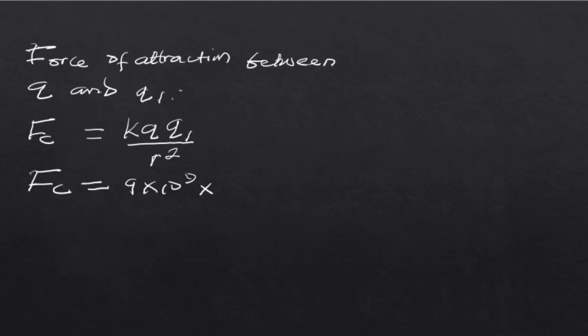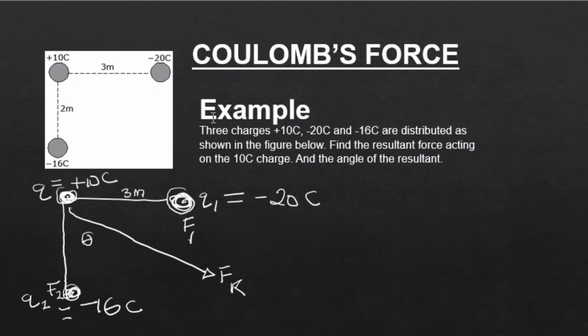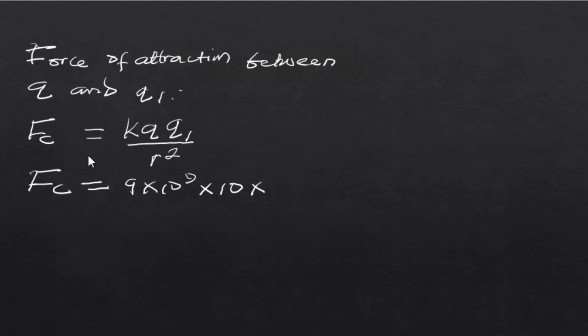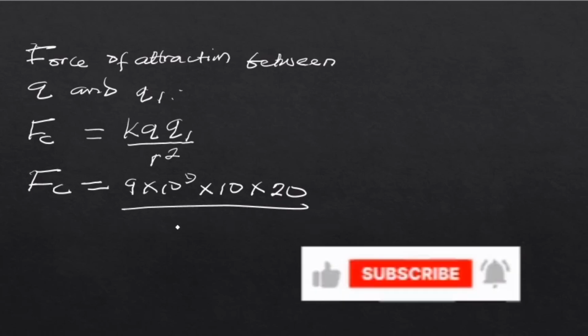So we have 10 multiplied by minus 20. You don't need to include the minus because the sign is only giving us the nature of the charge we are working with. So we have 20 here, divide the whole thing by R squared.